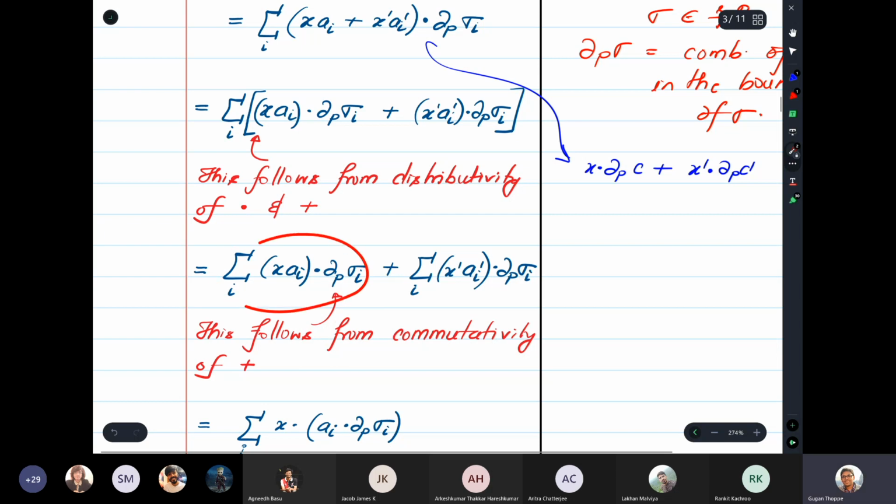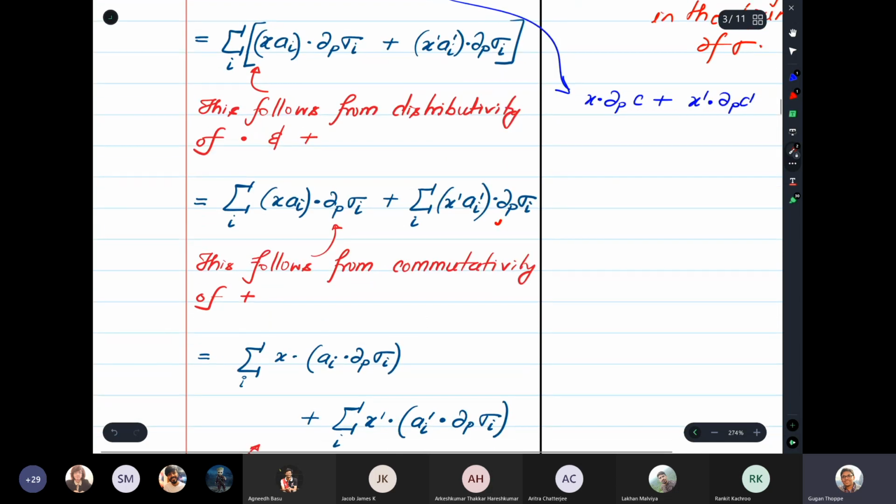Whatever is the output, you note it down. You go over here, you take all these entries for different values of i, add them up. Whatever is the output, you note it down, and you add the final outputs together. So you see that the order in which you perform the addition is different in this expression and this expression. However, we know that addition is commutative, so it doesn't matter in which order you perform.